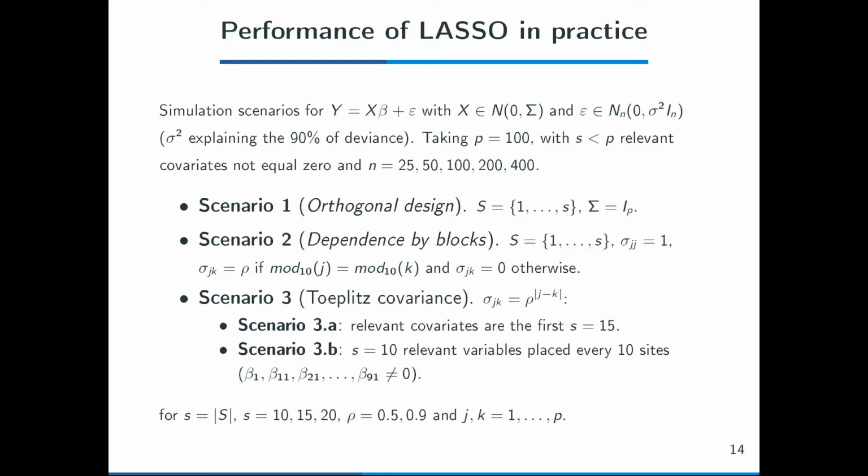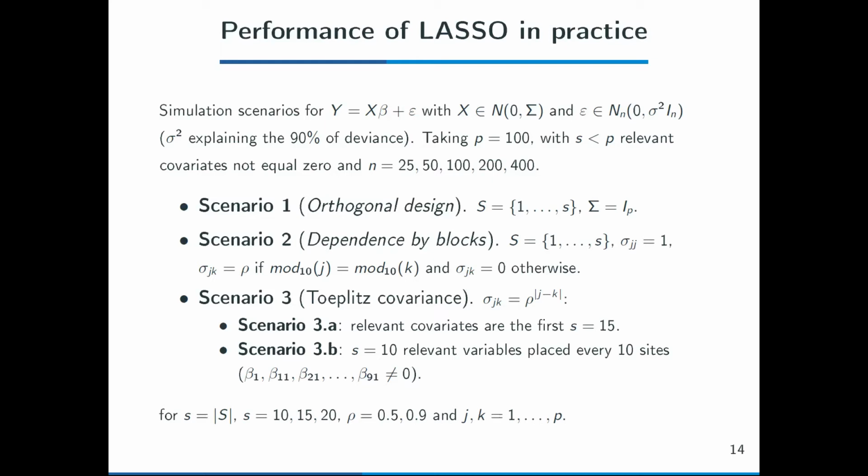We assume that our covariate vector is normal with covariance matrix sigma. Our error of the model is normal too, and the variance of this error is chosen to allow explaining at most 90% of the deviance of the model.